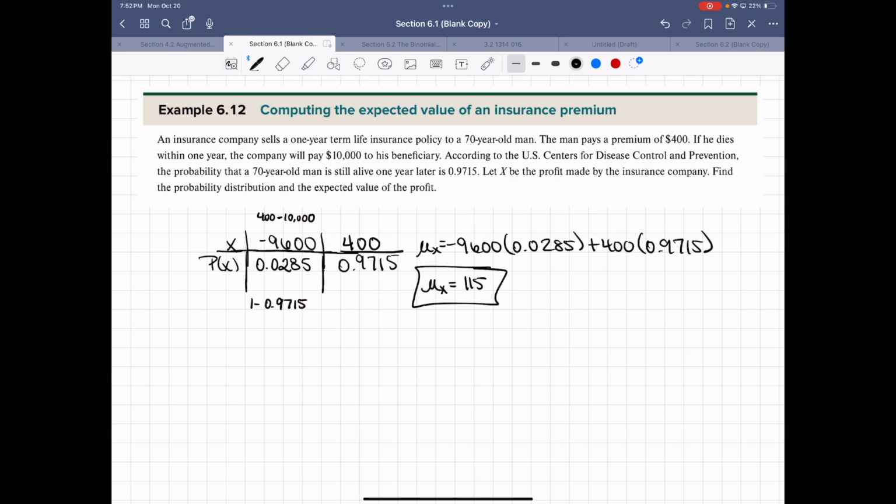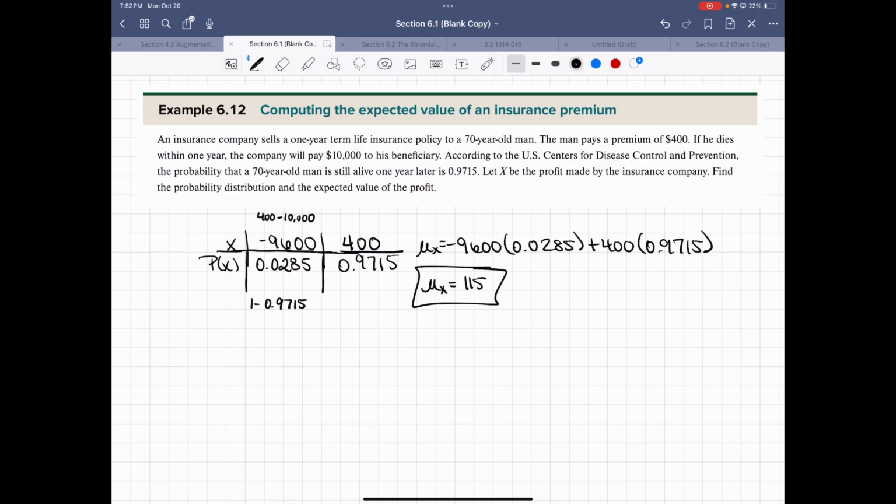The probability's got to add up to 1. We've been adding up the distribution tables this whole time. Okay, so we need to find the mean now. Now we know where all the numbers came from. So I've got losing $9,600 at about a 3% chance that's going to happen, plus the $400 at a 97% chance gain. We get a mean of 115.